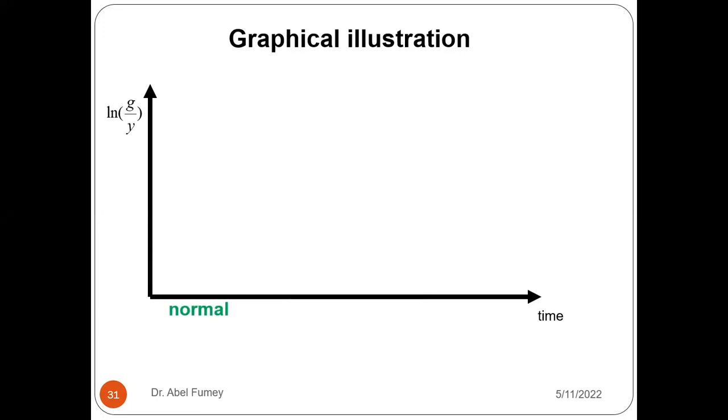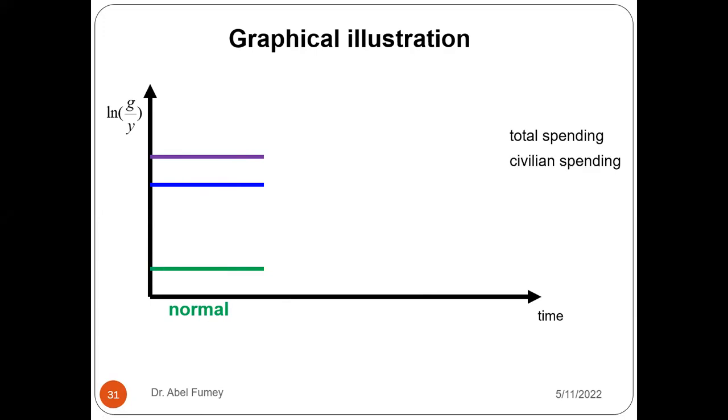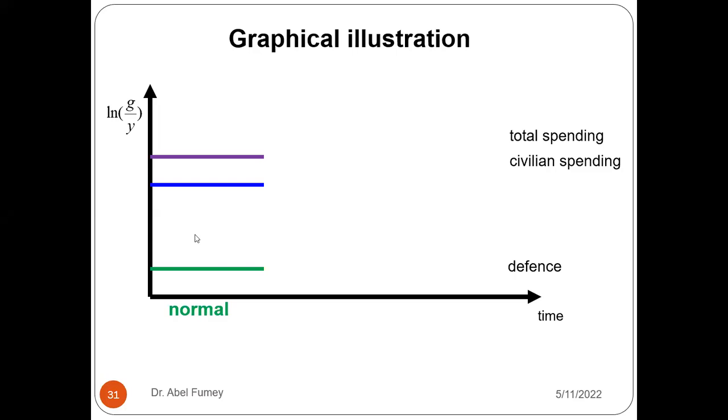In normal times, this is total spending. Total spending is the sum of the two. As I was saying, under normal times, this green one is for defense, and this is for civilian spending.